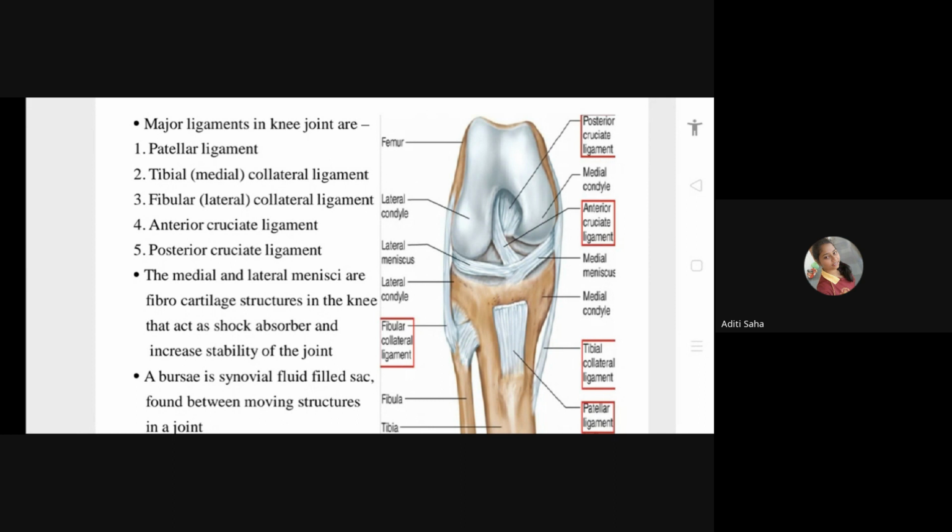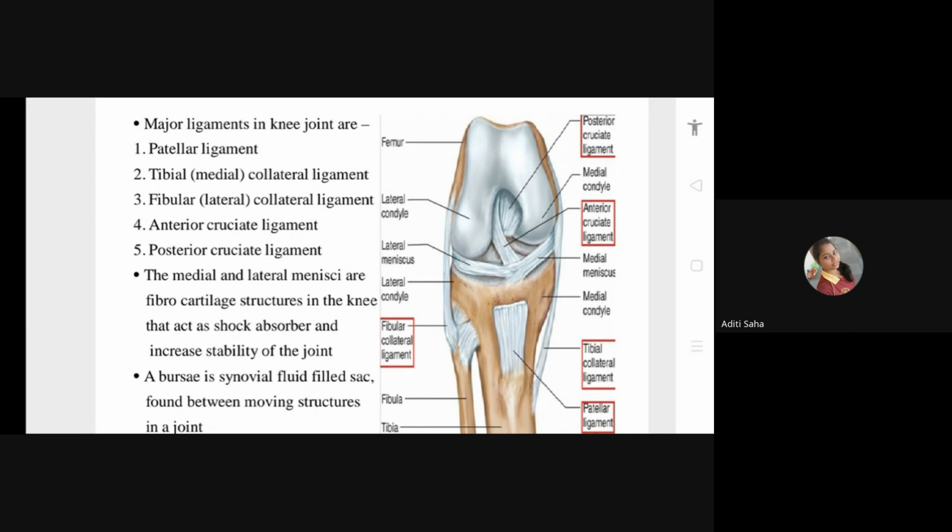The fibular collateral ligament in the lateral side is joining the femur to the fibula. Tibial collateral ligament joining tibia to femur. Fibular collateral ligament joining fibula to femur.